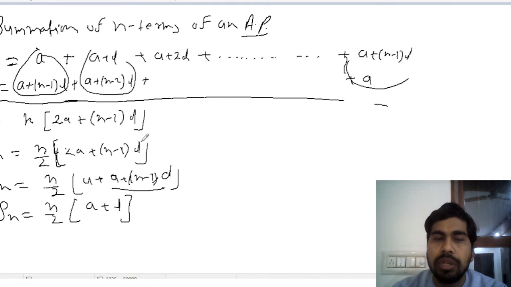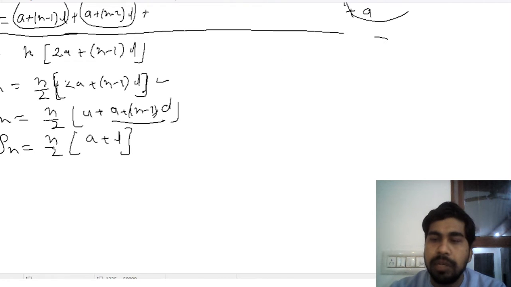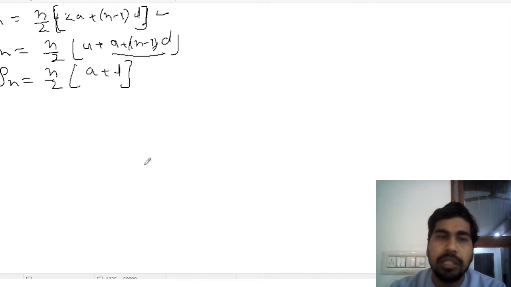This is also an important formula for an AP. These are both important formulas of Sn, and we'll discuss some properties of Sn.